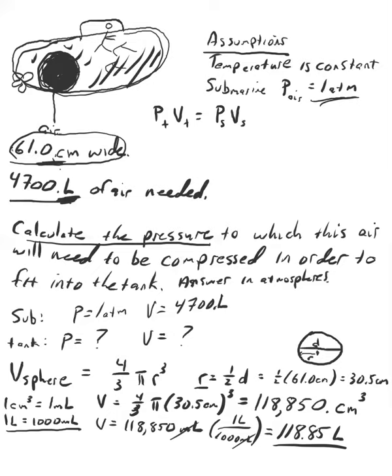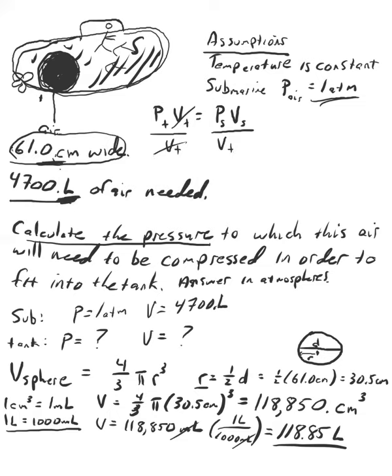You can use I and F for initial and final, or 1 and 2, but you could also use subscripts like this, T for tank and S for submarine, okay? We want to know the pressure inside the tank, so that would be P_T. So we're going to divide both sides by V of the tank.